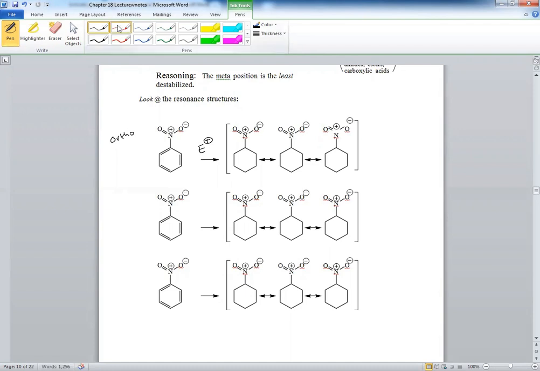If you add the group to the ortho position, which is right there, you will get the following resonance structures. Here's E, there's H, there's a positive right there. Once again, you should know the resonance structure right there.